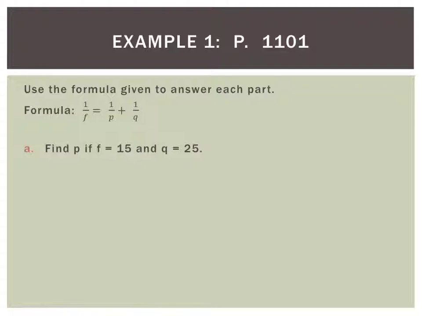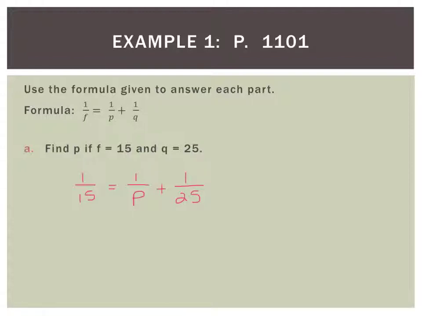Alright, so A says find p if f is 15 and q is 25. The first thing I'm going to do is rewrite it with those values in. Instead of 1 over f, we're going to write 1 over 15 equals 1 over p plus 1 over 25.